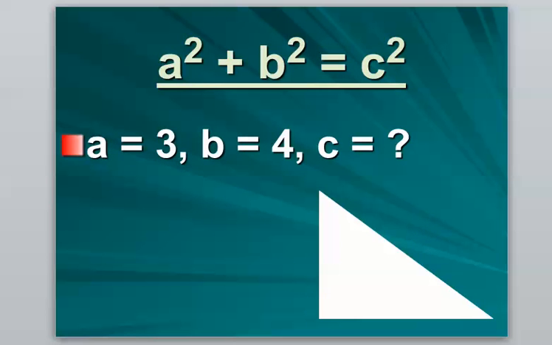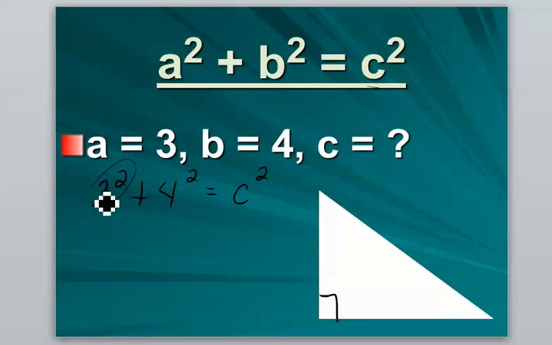So our first example, this is a right triangle. And we know that a is 3, b is 4, and we're finding c. We're just going to plug into the formula, and it's up at the top of the slide. So a is 3, so 3 squared, plus b is 4, 4 squared, equals c squared. And we want to do these exponents first.